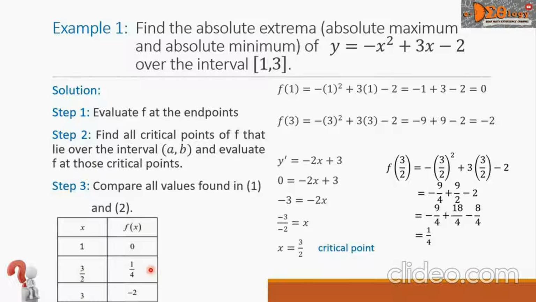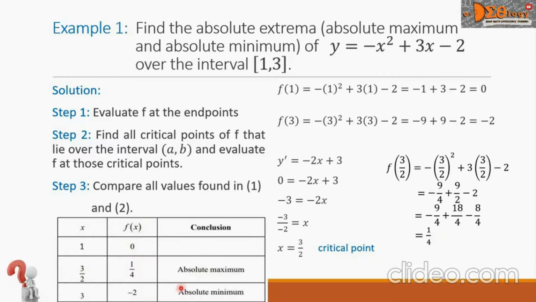Now, let us compare the values of the second column. Which one is the largest? Which one is the smallest? We can see here that the largest is 1/4, and the smallest is negative 2. So we write here that this 1/4 is the absolute maximum, and the negative 2 is the absolute minimum.